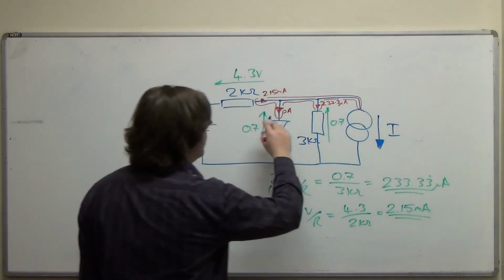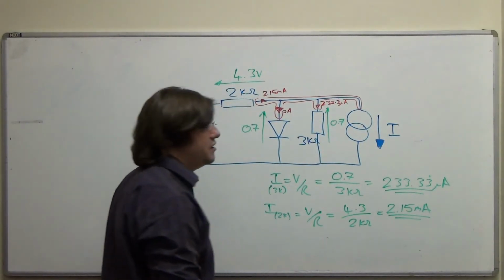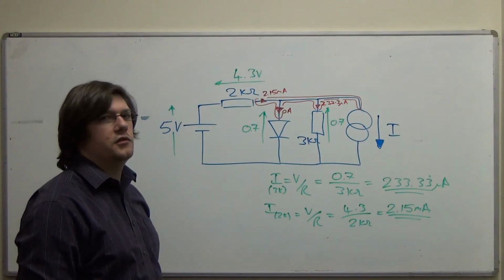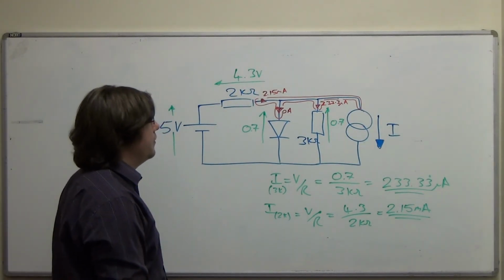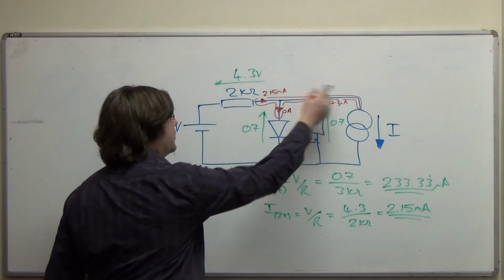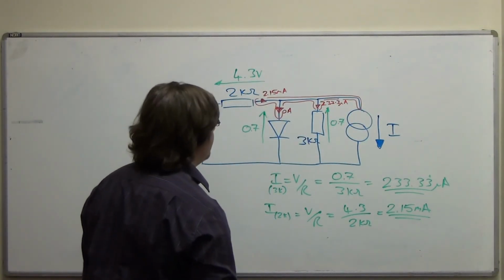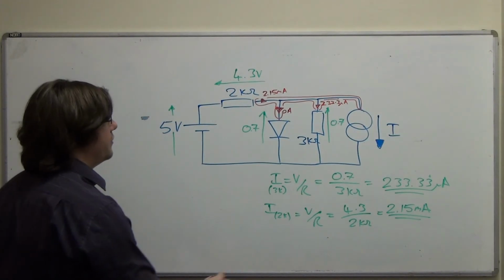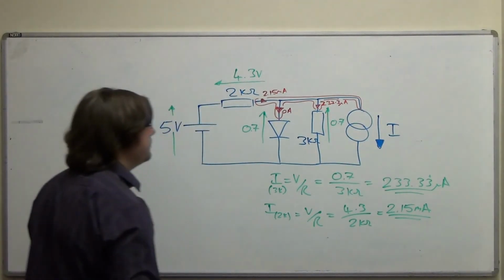Well, I can't have any current sort of sitting on the node just wondering what to do with the rest of its day. If the current's coming in, it's got to be leaving somewhere. So I can add up the currents on this node, flowing into and out of this node, and figure out what the mystery current has to be.